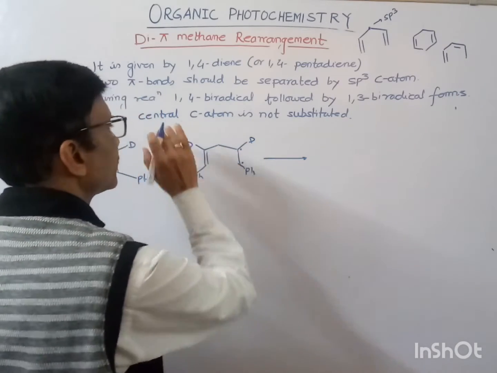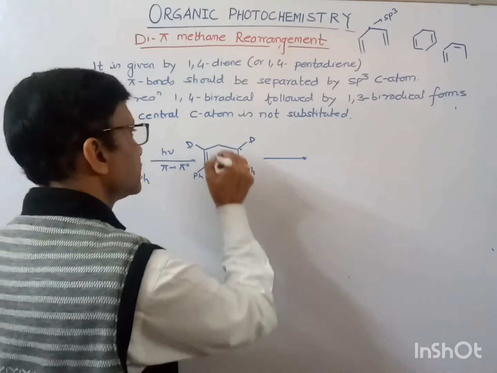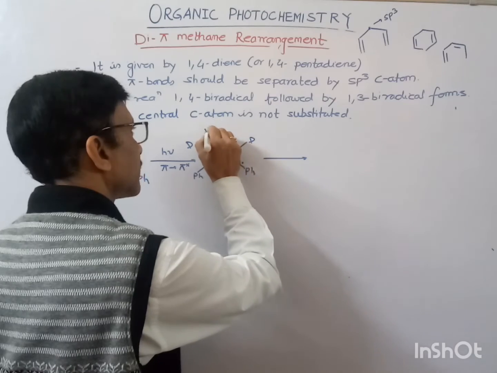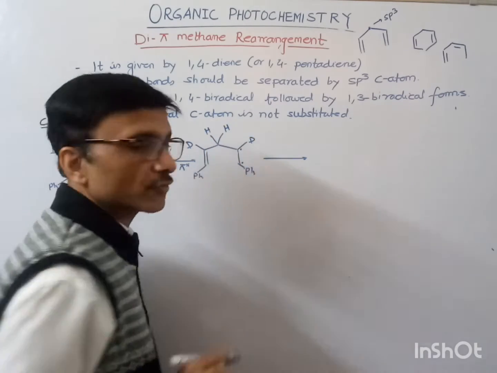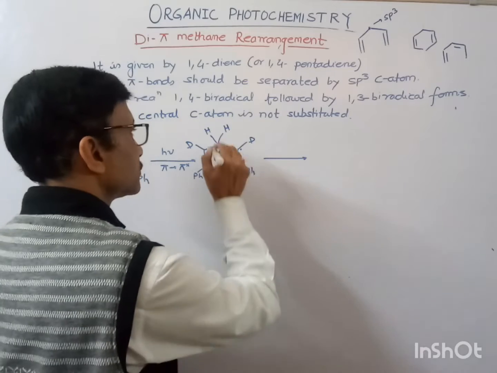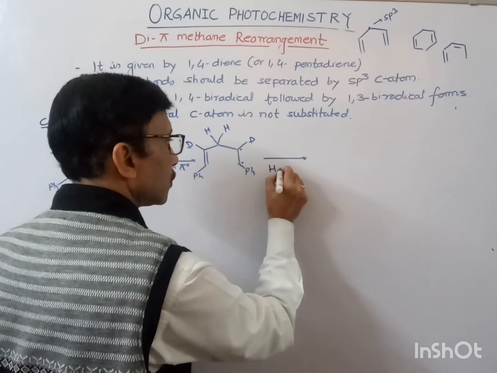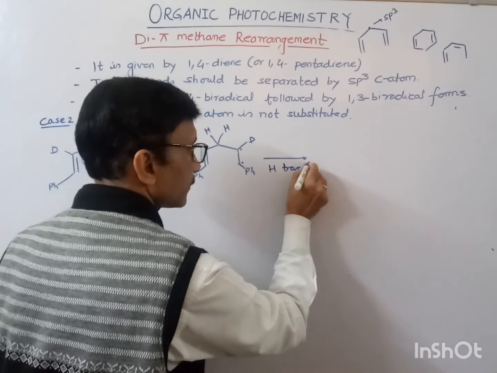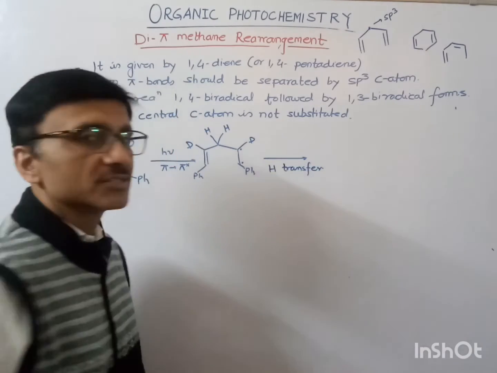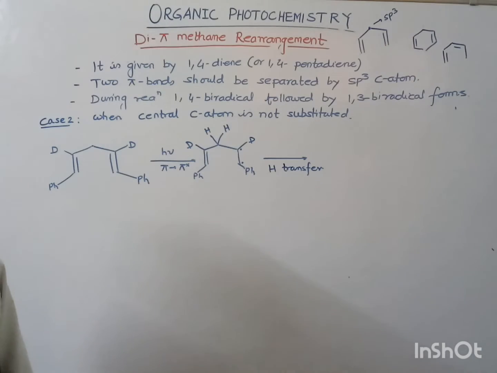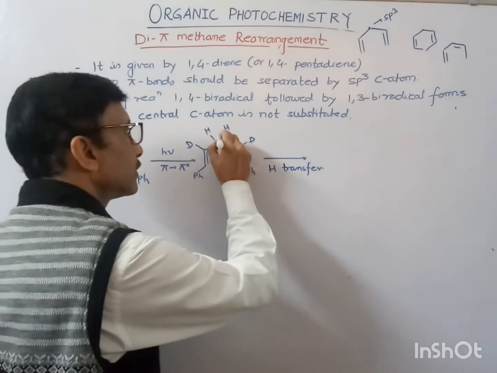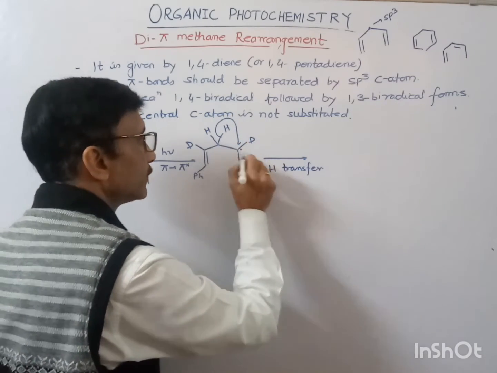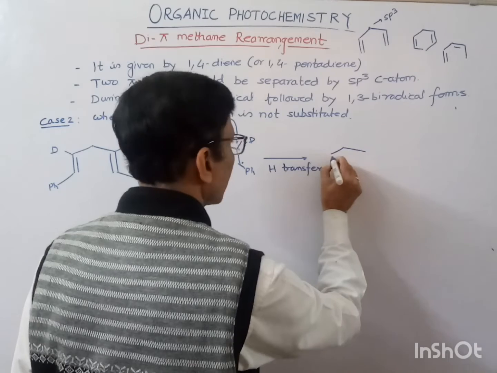Now when the central carbon atom is not substituted, one migration of hydrogen atom will take place. This hydrogen atom transfer will take place. One of the hydrogens with its electron will go over here and form a bond with this radical. And what is the driving force for this?